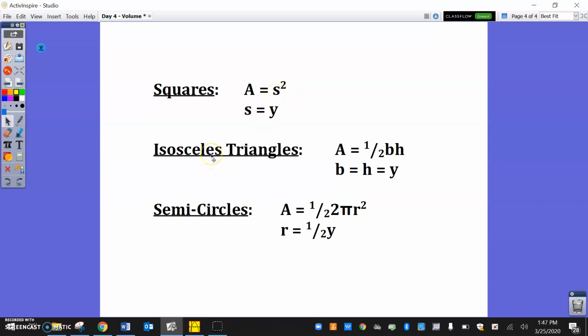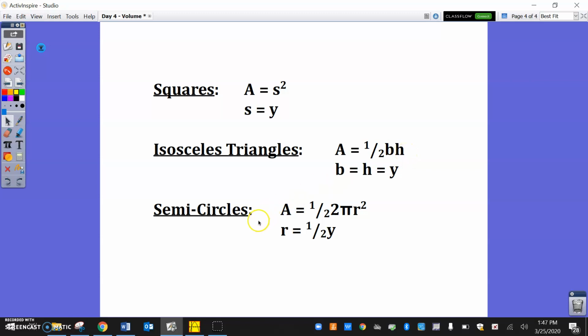If it's isosceles triangles, your area formula is 1/2 base times height. And since it's isosceles, the base and the height are always going to be the same. Okay. And again, just like with the square, you're going to use whatever the y equals equation is for your base and your height. So if it's y equals the square root of x, that's what you use for both the base and the height.